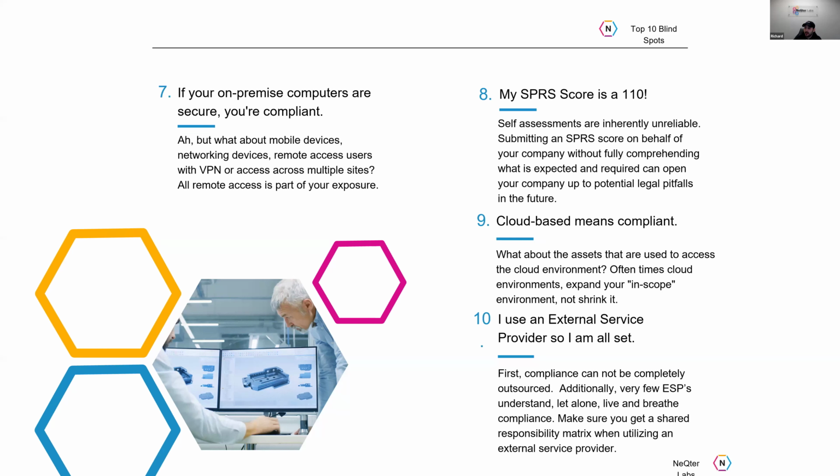So we see that companies that are putting 110 in there, the scores are going to be used for contract award eventually. And if you have 110 and it's not really 110, you're kind of inflating your score, and therefore winning contracts, and that can open you up to legal ramifications down the road.